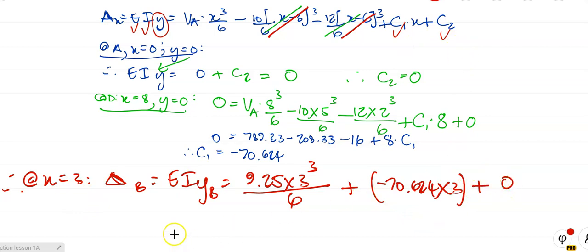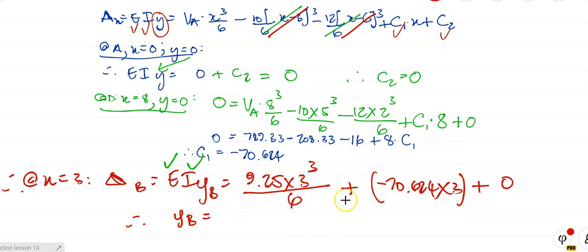Right. So therefore, now notice from that, I know what E is, I know what I is, so therefore I can now make y the subject of this formula. So therefore, we're almost there. Therefore, y, the deflection at B, is equal to all of that.